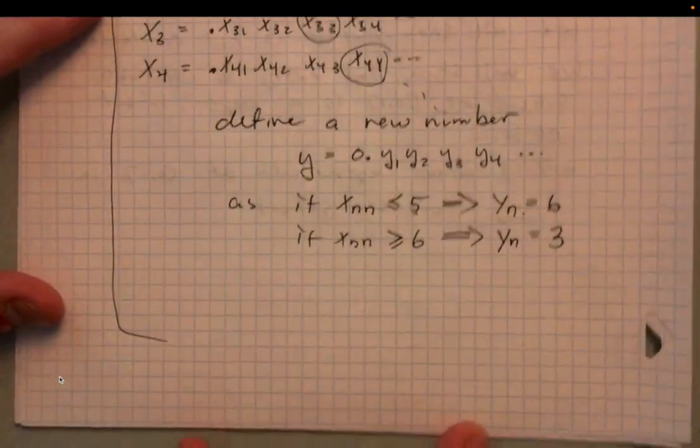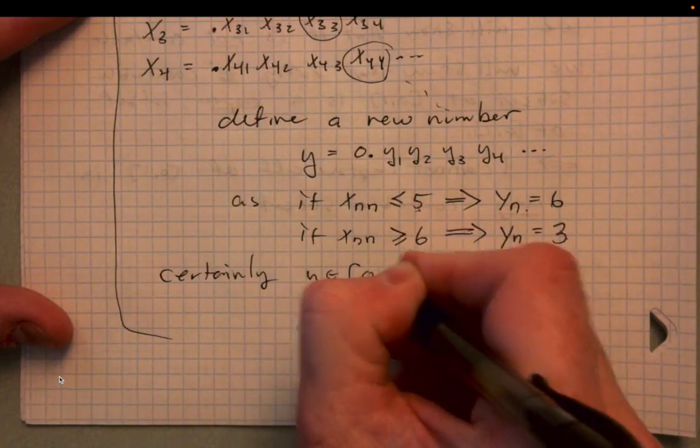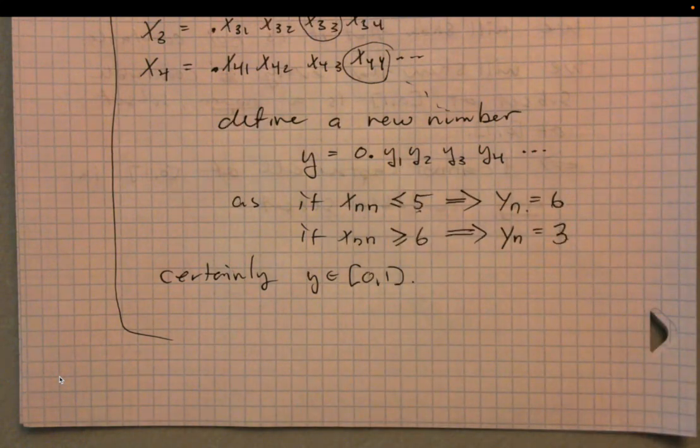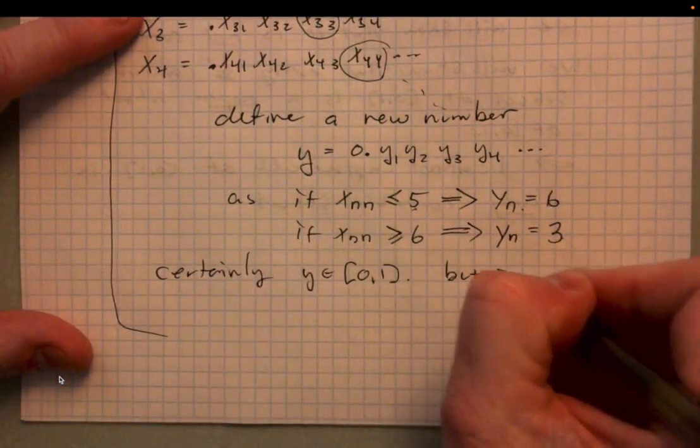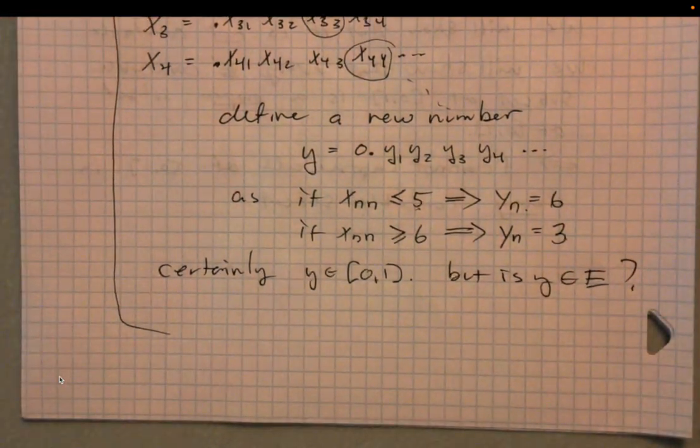All right, what can we say about y? Well, certainly y is in the interval 0 to 1. Just look, y is equal to 0 point, da da da da da. It's definitely between 0 and 1. So y is in the interval of interest here, but is y part of our countable subset? Is y in E?